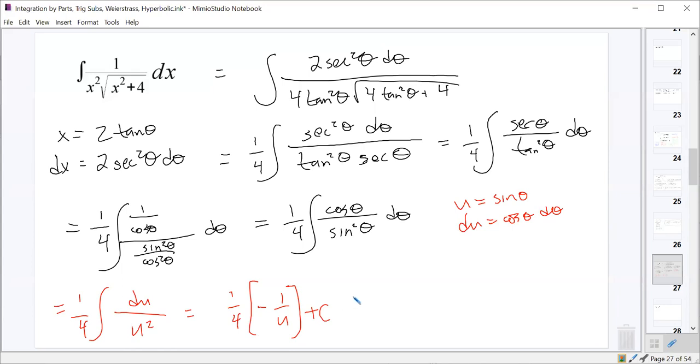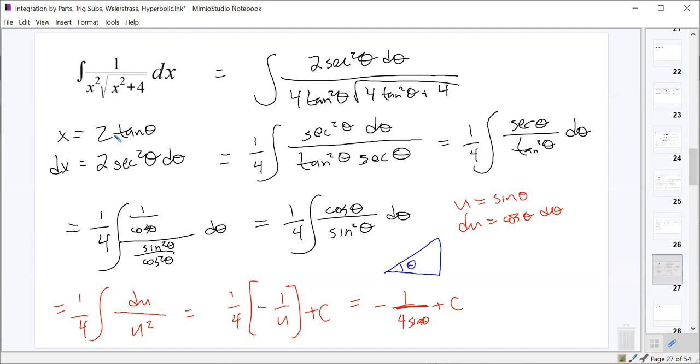So we've got -1 over 4u. So that would become -1 over 4 times sine theta. Everybody good with that? Plus our constant. There's theta, right?